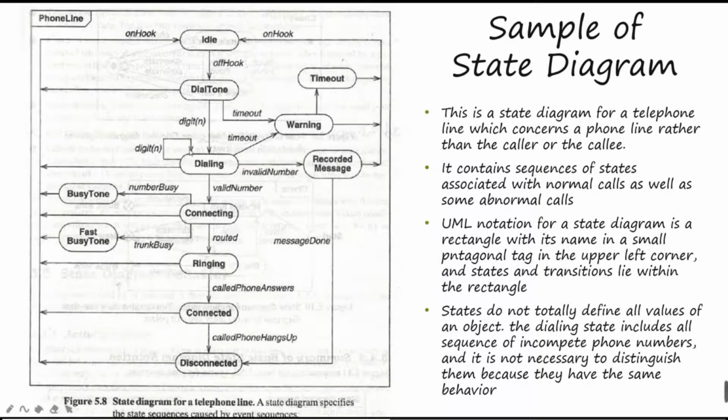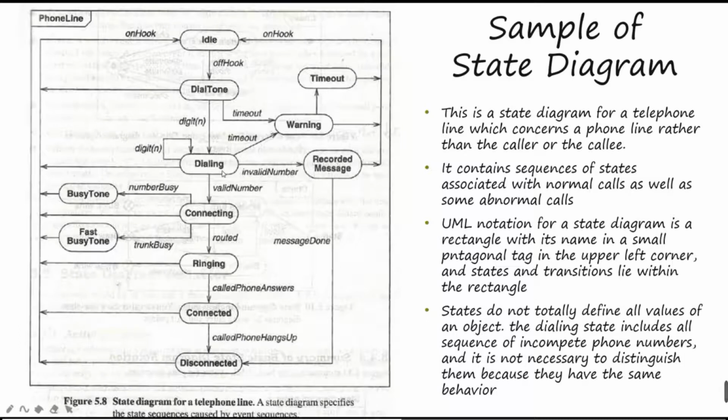So in this state, we don't need to distinguish the numbers dialed. It means we don't care much about the difference between dialed numbers. We only check whether it is valid or invalid. And there may be many phone numbers that are valid, and also many phone numbers that are invalid.